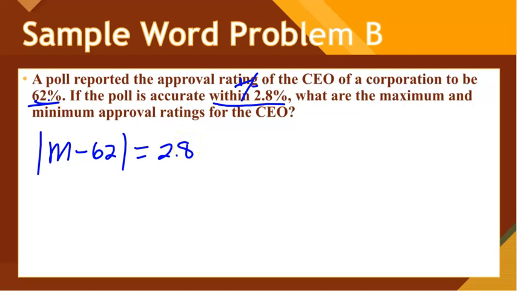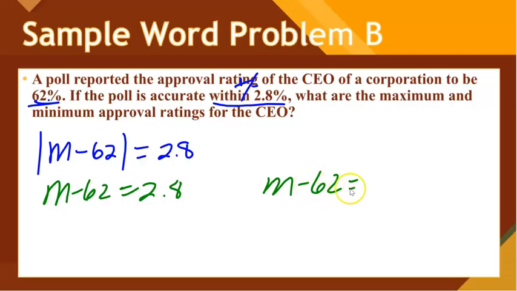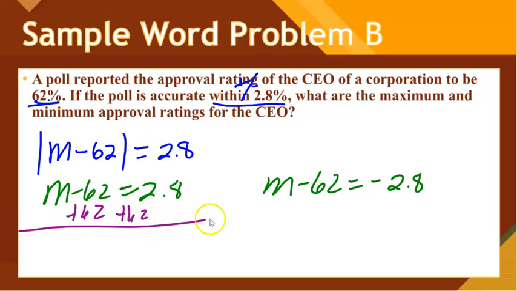So now if I take this out, case 1 is going to be m minus 62 equals a positive 2.8, and case 2 is going to be m minus 62 equals a negative 2.8. From here, I'm just going to add 62 to both sides, and we're left with the maximum is going to be 64.8%.